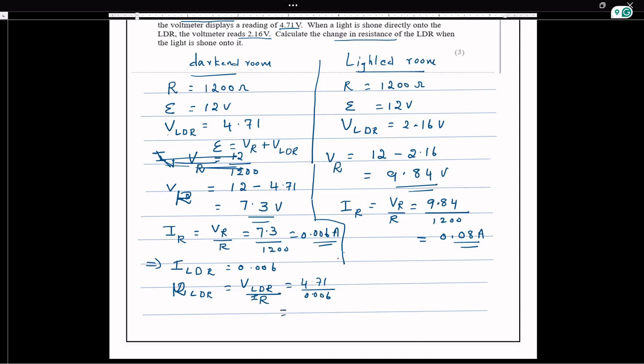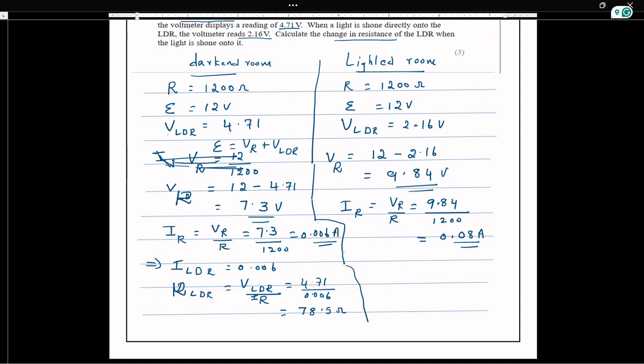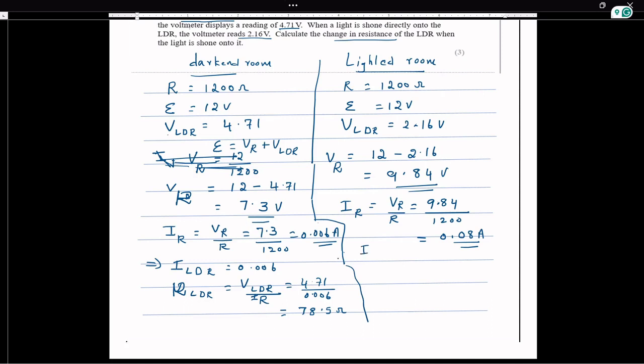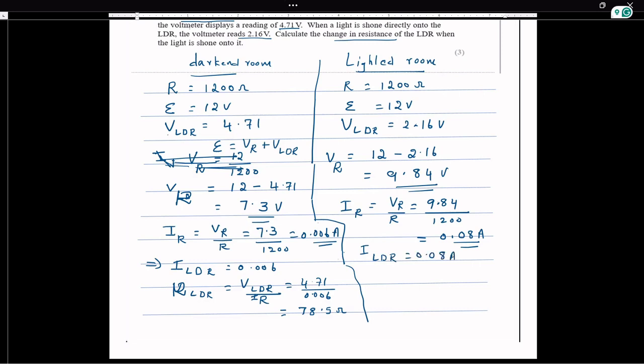So this gives a resistance of 78.5 ohms. Now in the lighted room, the current of the resistor is 0.08 amps, which means the current of the LDR is also 0.08 because it is a series connection.